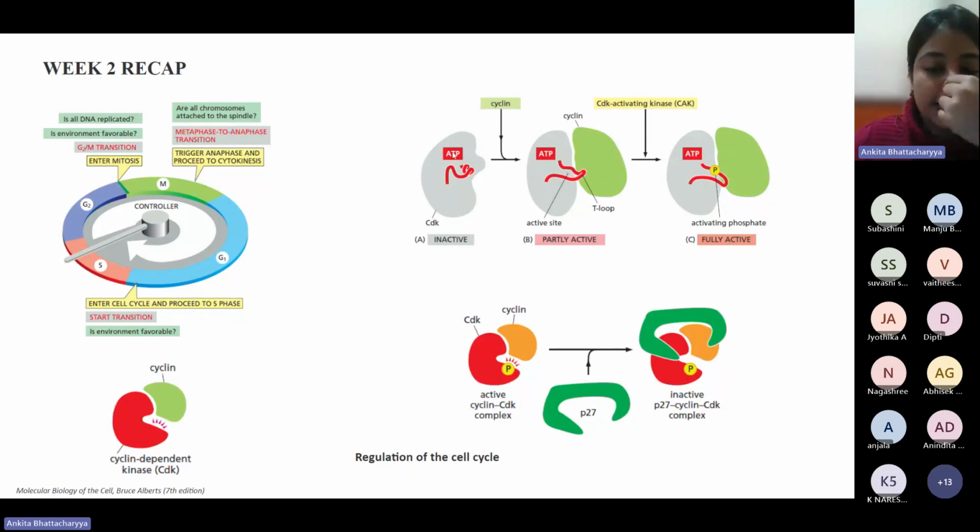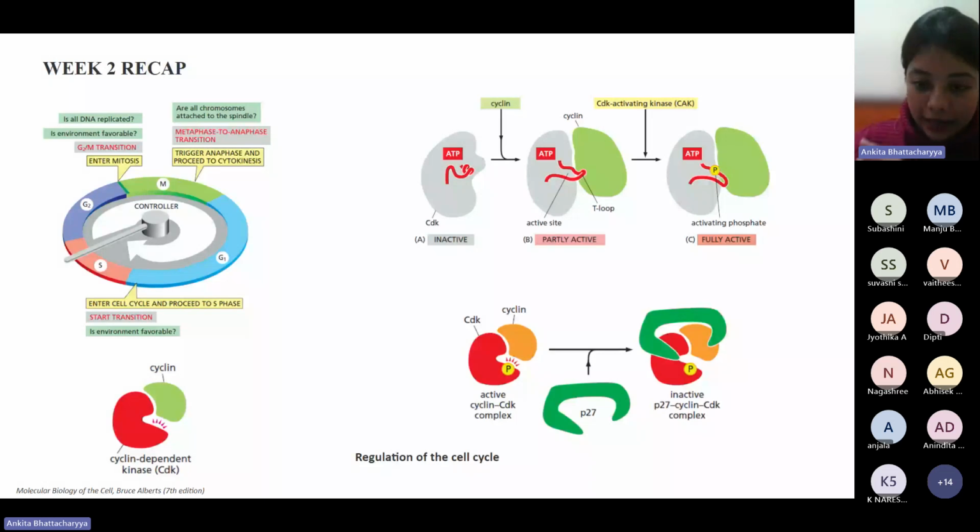You can see here the CDK that is present by itself, not executing any activity. It is inactive. It has a particular portion, a particular region, usually named as a loop. So that loop, it has an ATP bound, it is currently in a conformation which is rendering that CDK inactive, or it is not performing its function.